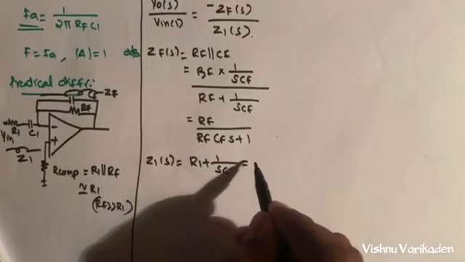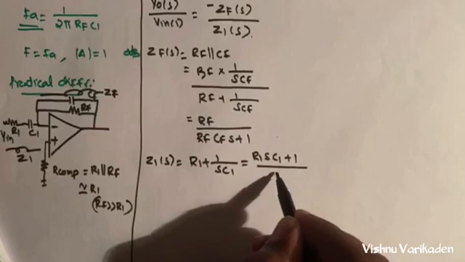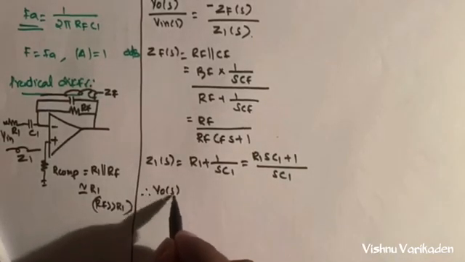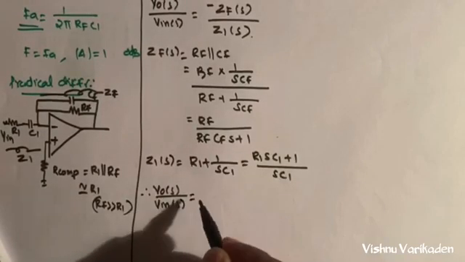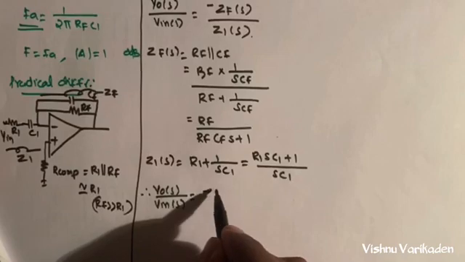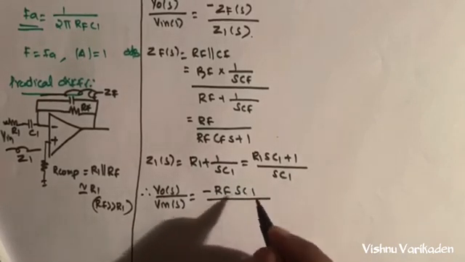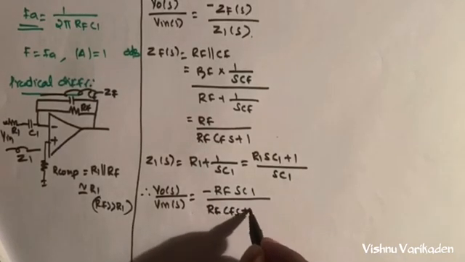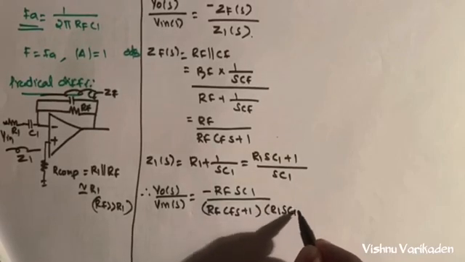Now Z1 of S, the input impedance, is R1 in series with the capacitor C1. So we will get R1 S C1 plus 1 divided by S C1. Therefore Vout of S by Vin of S is equal to minus RF S C1 divided by RF CF S plus 1 into R1 S C1 plus 1.